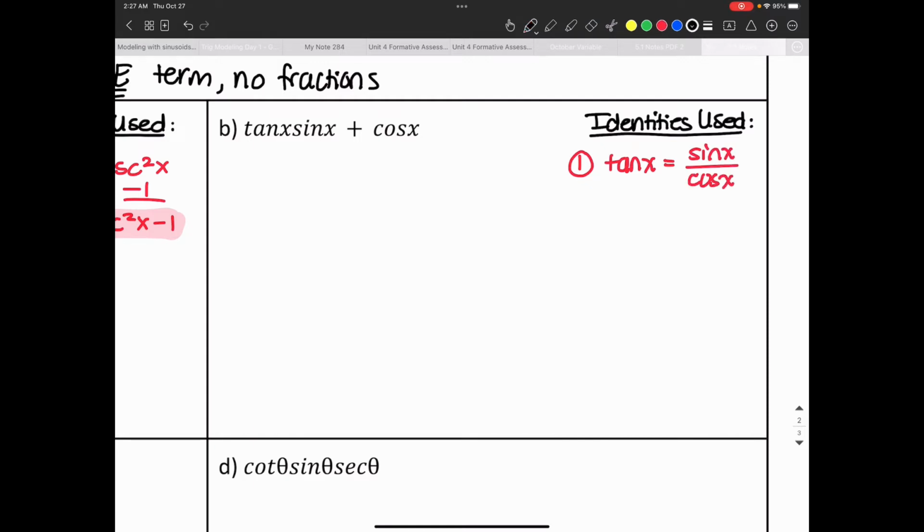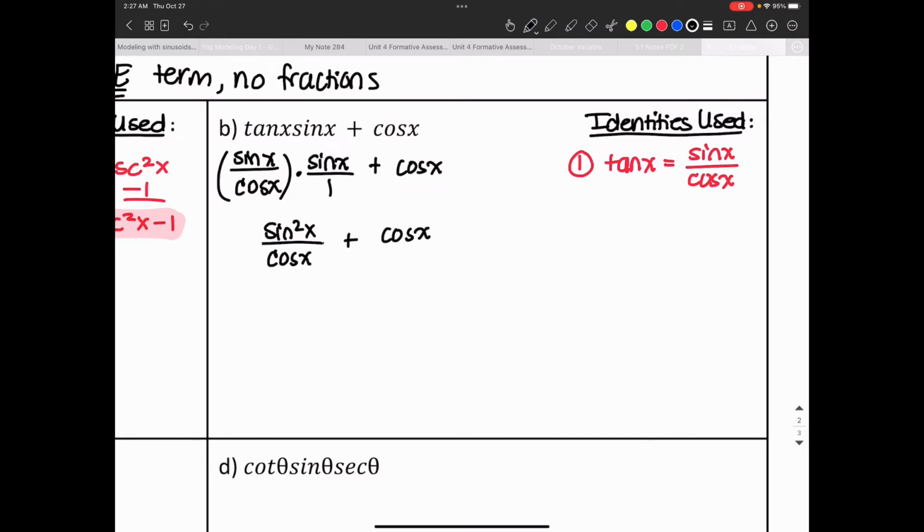So over here, I'm going to rewrite this as sine of x over cosine of x. And then I know that I'm multiplying by sine of x and adding cosine of x. I'm going to change sine of x into a fraction, so I'm going to put it over 1. And then I'll see that I have sine squared of x over cosine of x plus cosine of x.